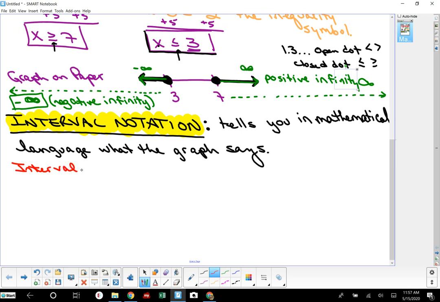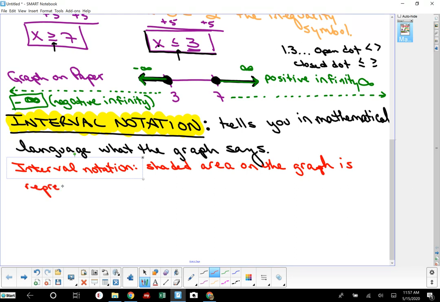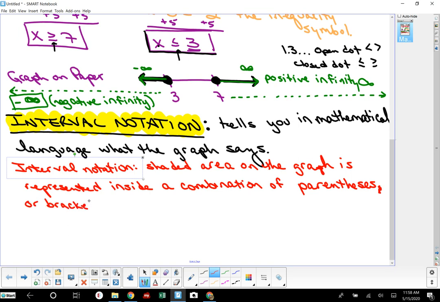Interval notation basically says the shaded area on the graph is represented inside a combination of parentheses or brackets, or a combination of the two.